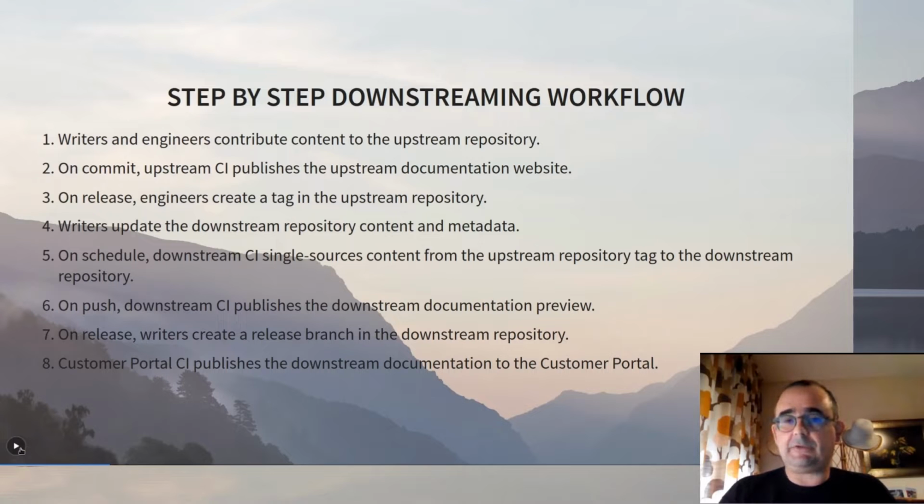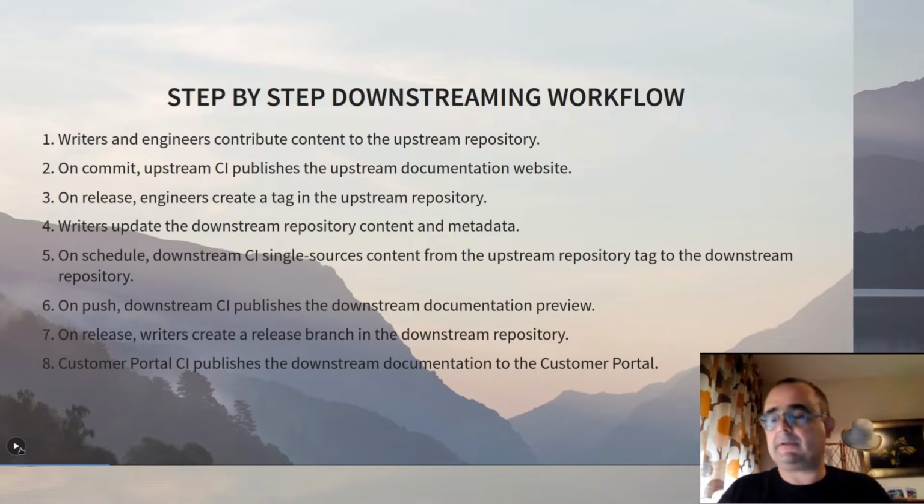There is a release for the product, and the release results in a tag or a branch in the upstream repository, and we can use this tag or branch for the downstream content. On the downstream repository, we add specific content and adapt the metadata.